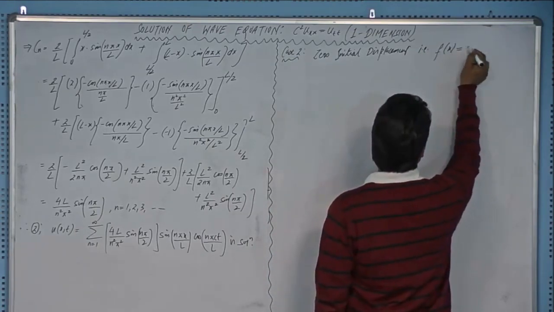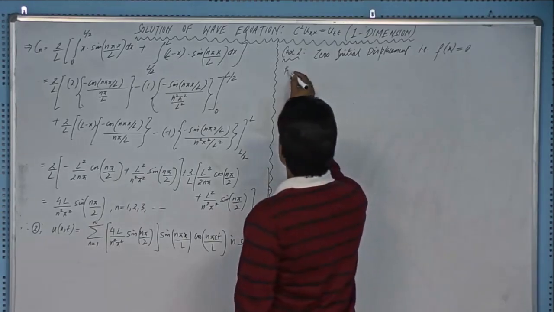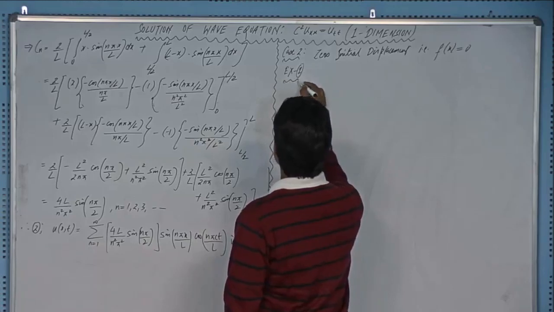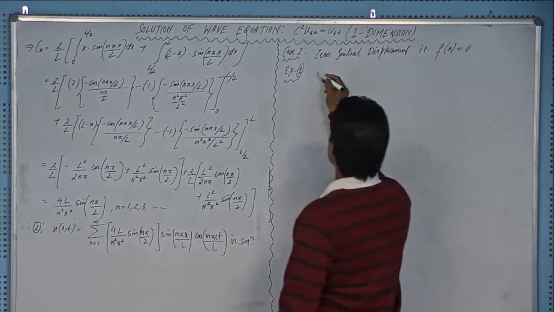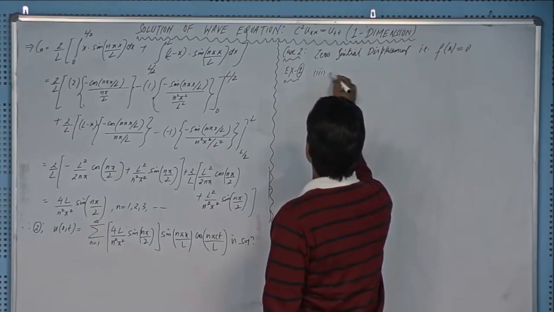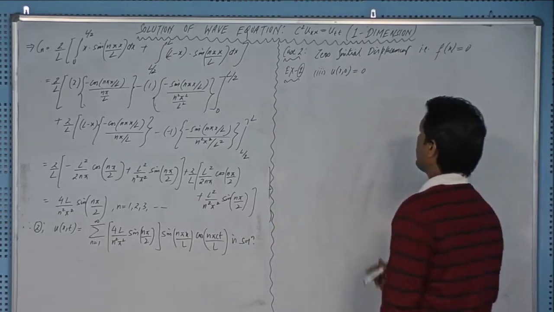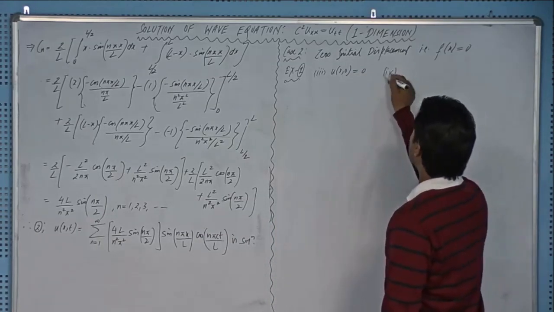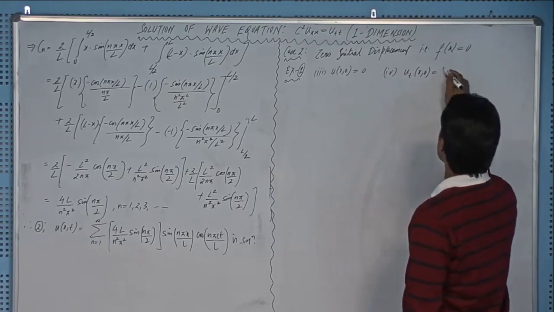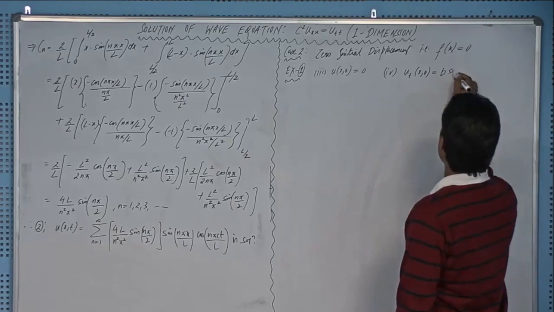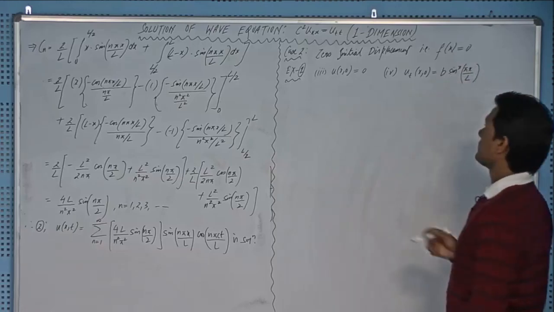Okay, so I'm taking example number 1, and let me take fx is equal to 0. Fine. A third condition is u x comma 0 is equal to 0. Fx is 0 now. And fourth condition, u t x comma 0, let me take it as b sine cube pi x over L. B is a constant, right?